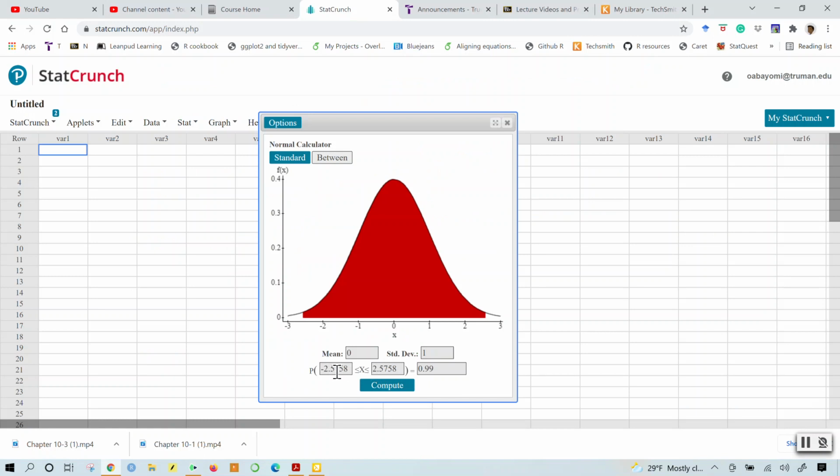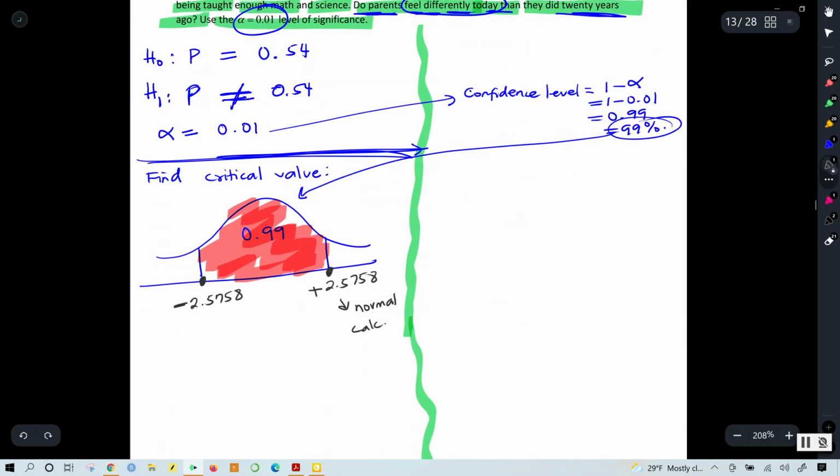This gives you the negative and the positive values for your critical value. Here they are. So here on your screen, I have those values here. So my critical value in summarized notation is written as plus or minus 2.5758. When you're working on this problem in MyStatLab, that is what it is.